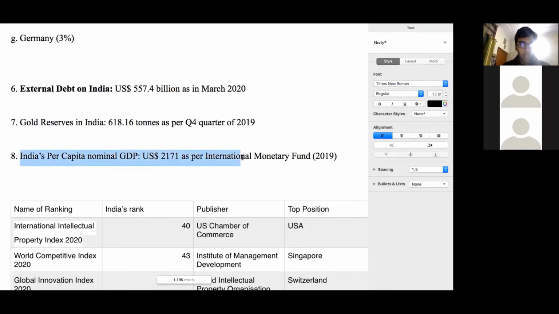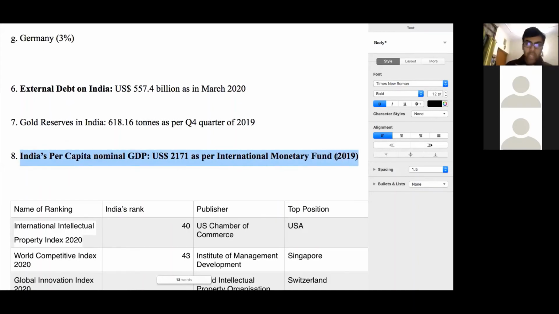India's GDP per capita, the 2019 figure according to the International Monetary Fund, the IMF, is US dollar 2,171. So you can see that if we multiply this 2019 figure by around 3, which is the PPP exchange factor, we are going to get somewhere around 6,500 something.